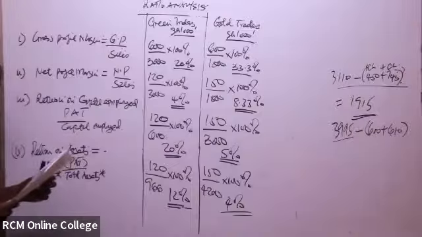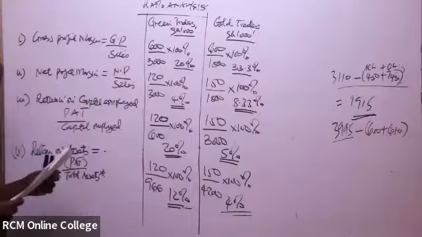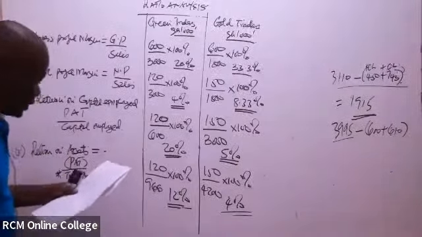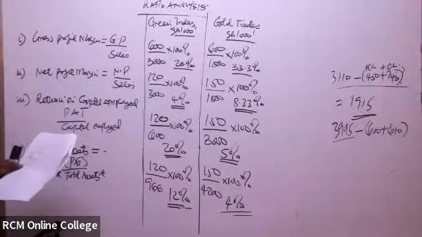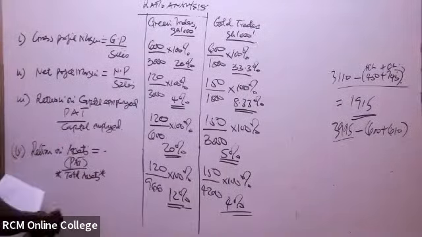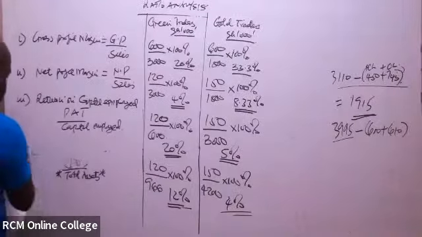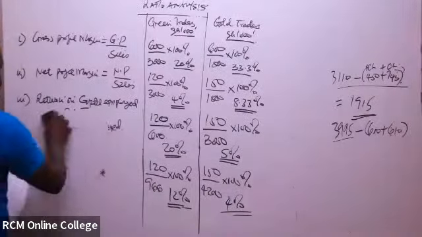In this case, the asset turnover, or the current ratio. First of all, the current ratio.